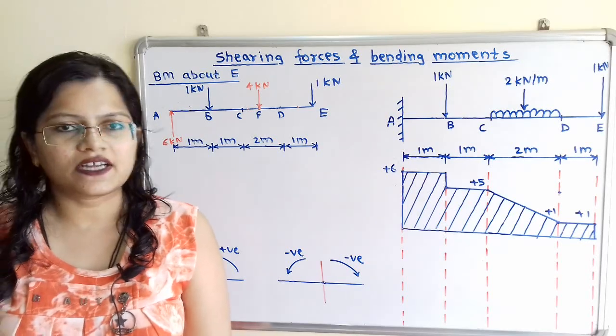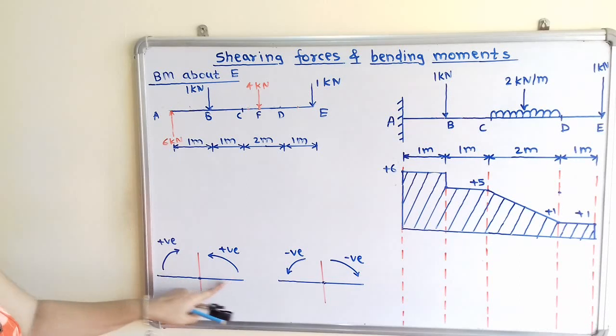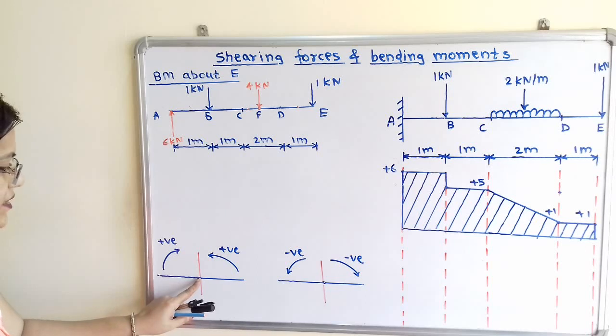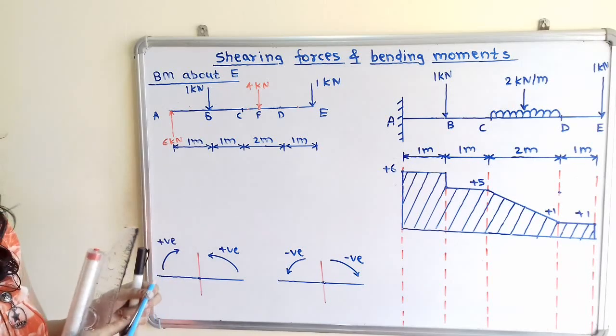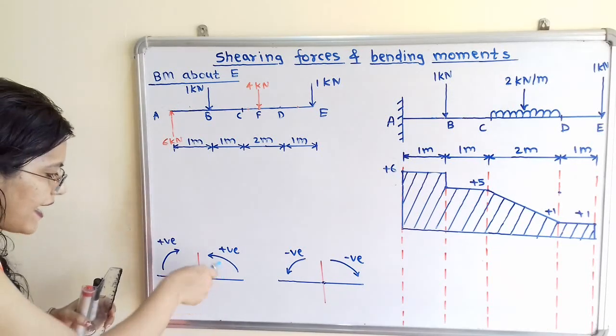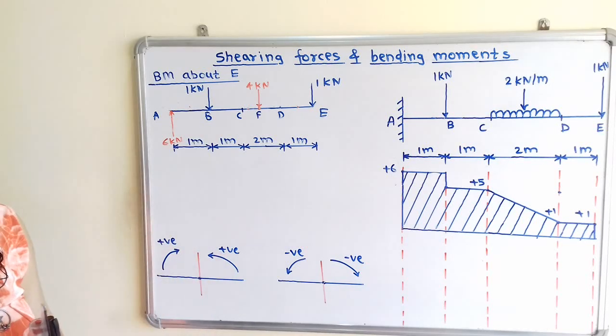There is sign convention. So if we observe the point of intersection of this horizontal and vertical line, here is this point of intersection. Now if I take the moment about this point on the right hand side, and suppose it is in anti-clockwise direction, then we have to use the positive sign.